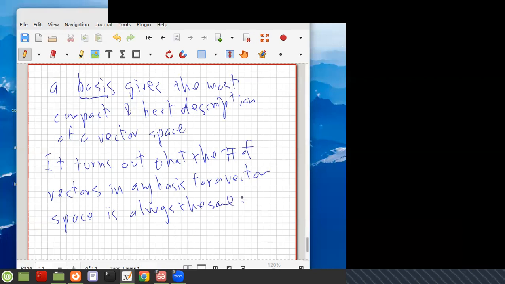So, for example, if you find a linearly independent set of vectors that spans a vector space, and there are 5 of them, any basis that you find is going to have 5 vectors. So the number 5 characterizes the space.